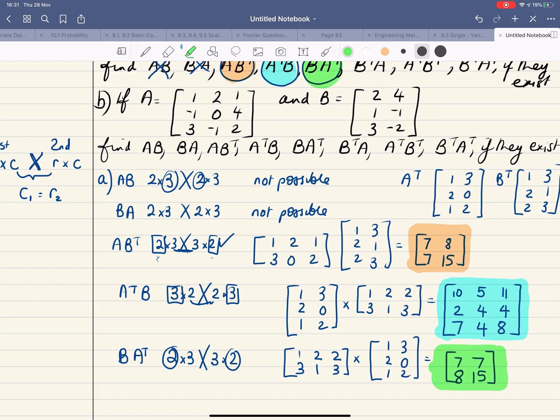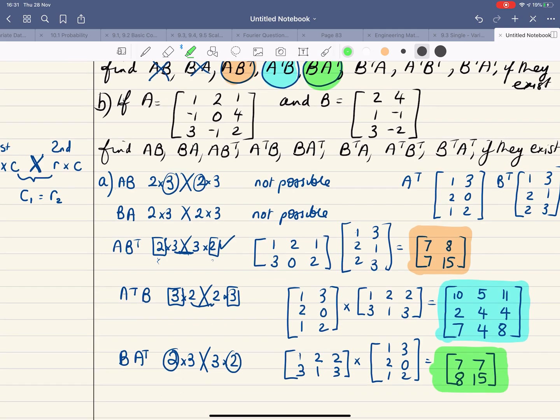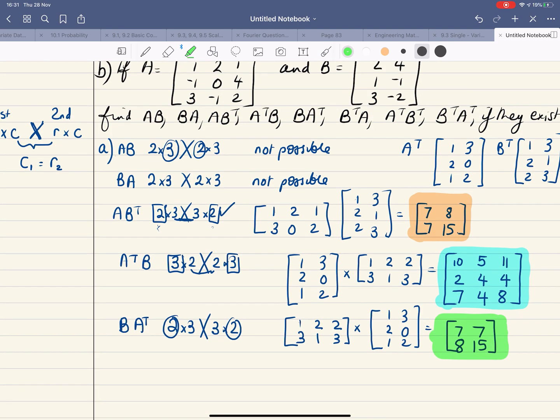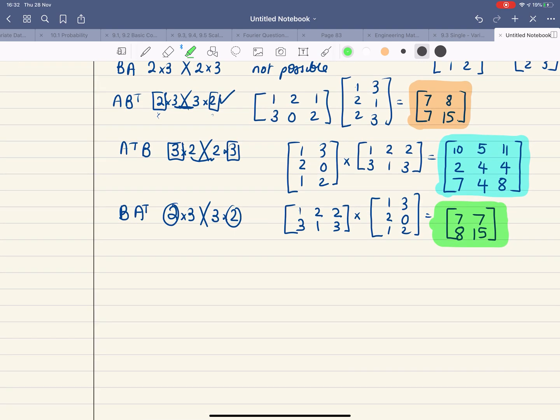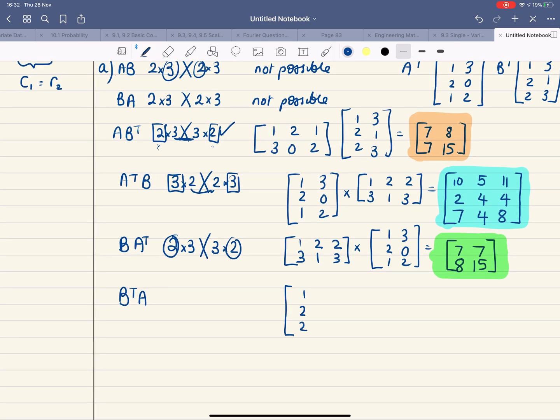Okay. Right, the next one, B transpose A. B transpose is 3 rows, 2 columns, and A is 2 rows, 3 columns. So that one's going to work. B transpose is 1, 2, 2, 3, 1, 3.